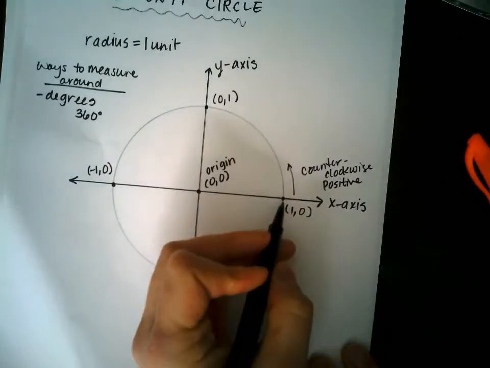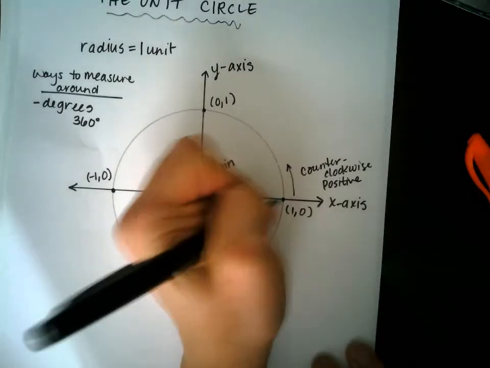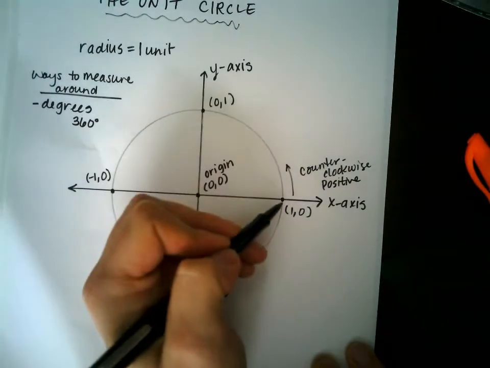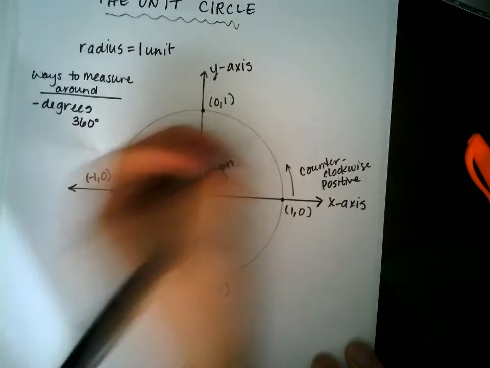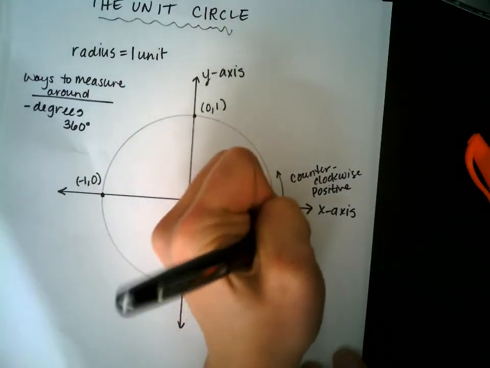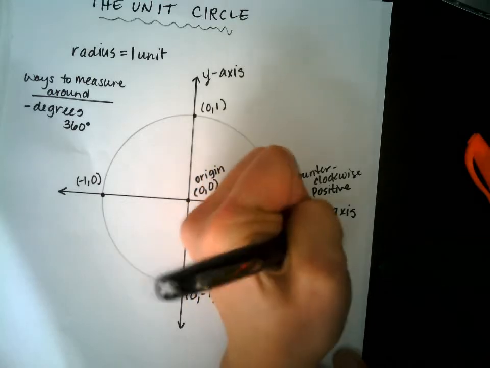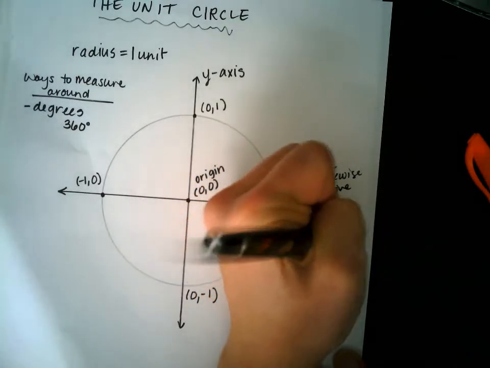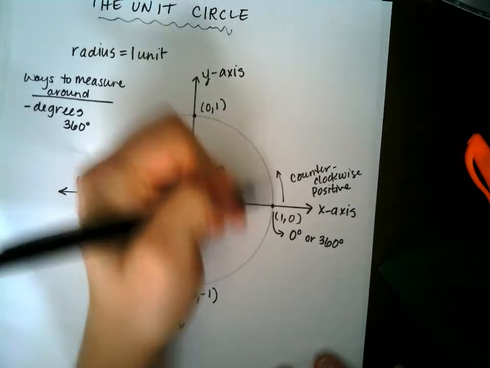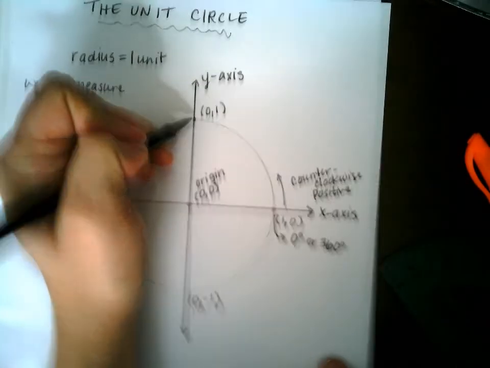Right here at this point is 0 degrees. But it's also 360 degrees because when we come all the way back around. So right here, I'll just draw an arrow. This is 0 degrees or 360 degrees. And then I can measure this far around the circle, 1/4 of the way.